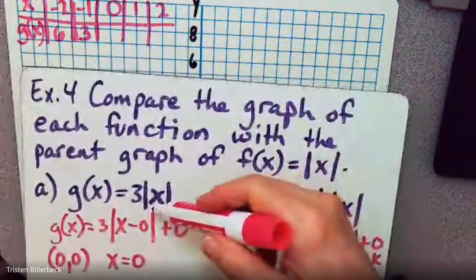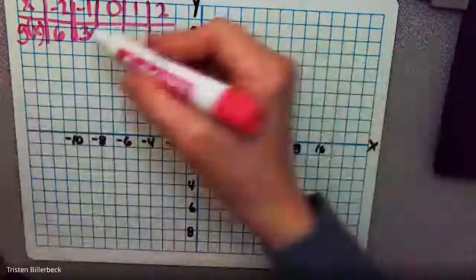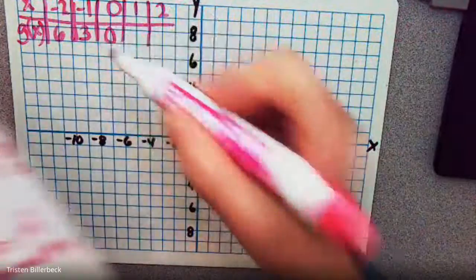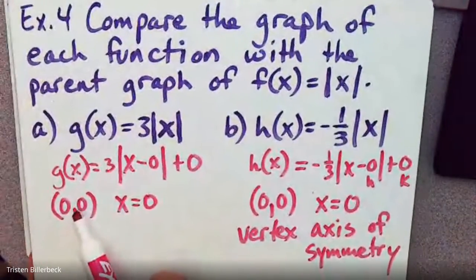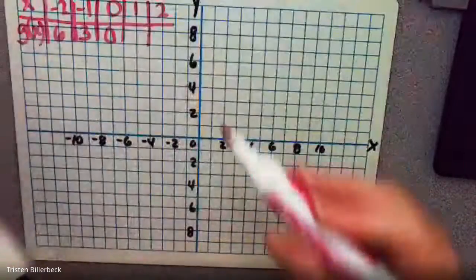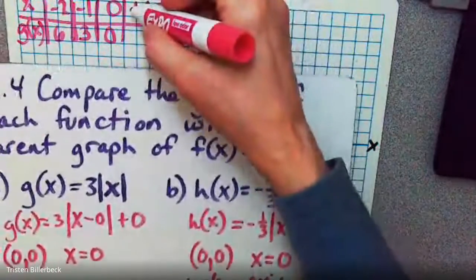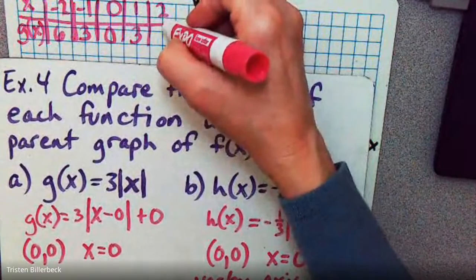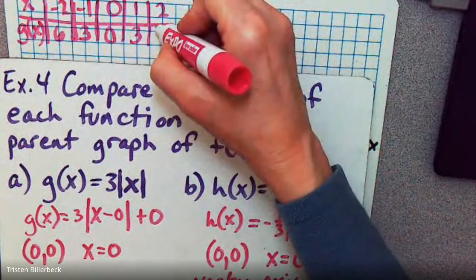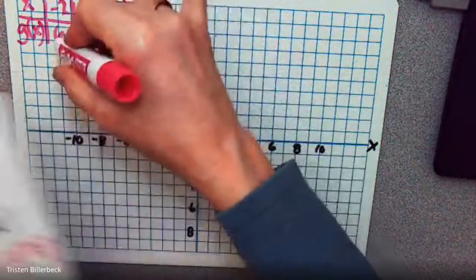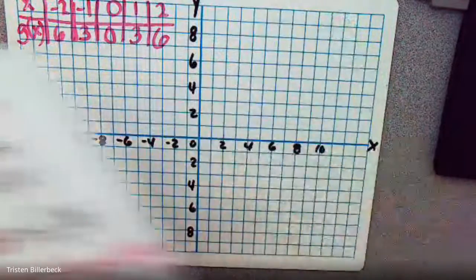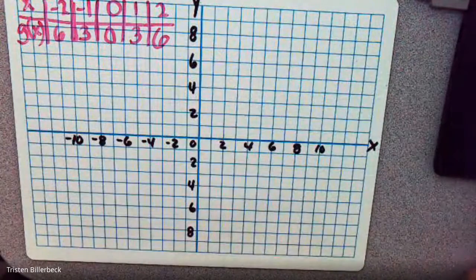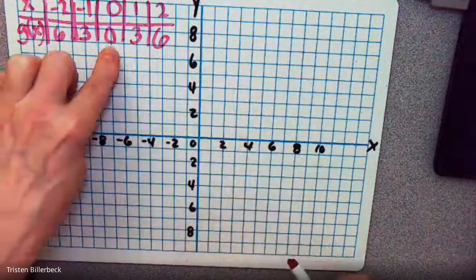The absolute value of 0 is 0. 3 times 0 is just 0. And that's what we found, that the vertex would go through 0, 0. And the absolute value of 1 is 1. 3 times 1 is 3. Absolute value of 2 is 2. 2 times 3 is 6. So we see a nice reflection going on there of numbers about the 0.